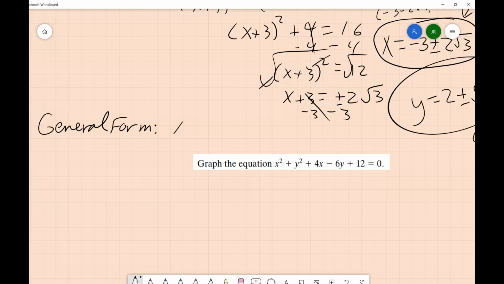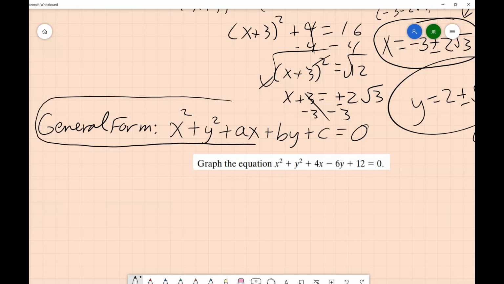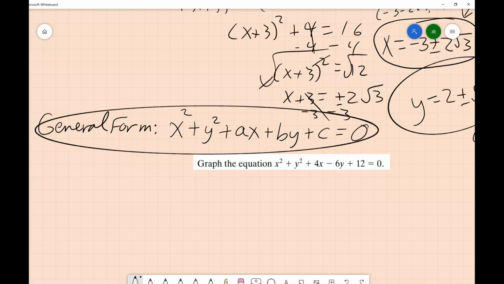It is x squared plus y squared plus ax plus by plus c equals 0. This is general form, not standard form.